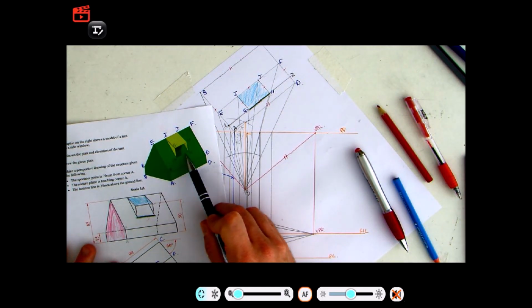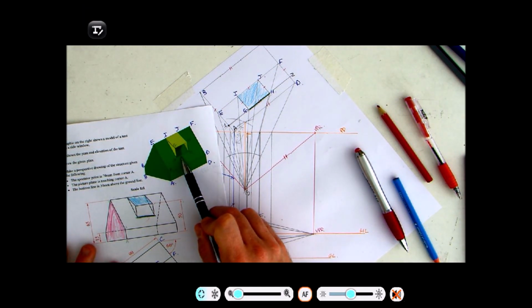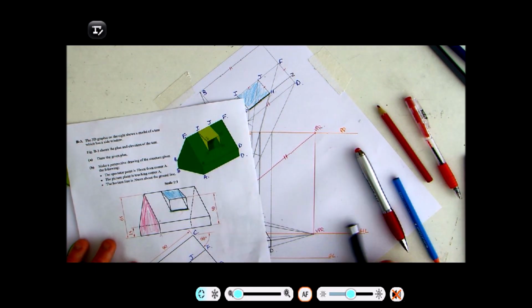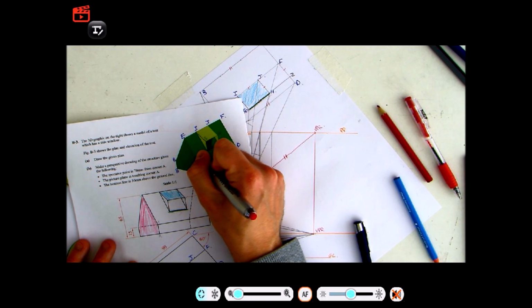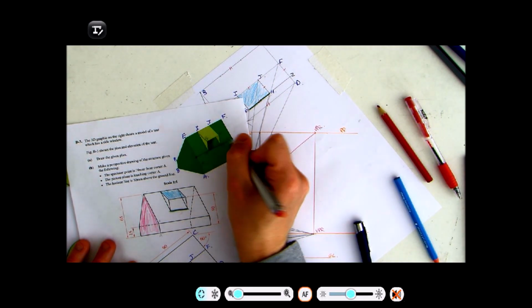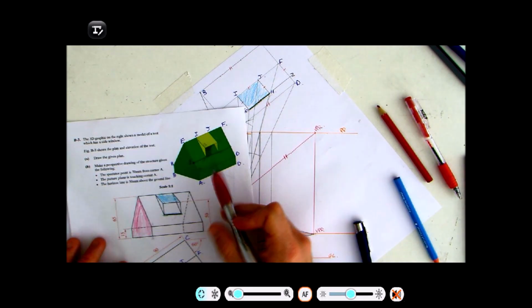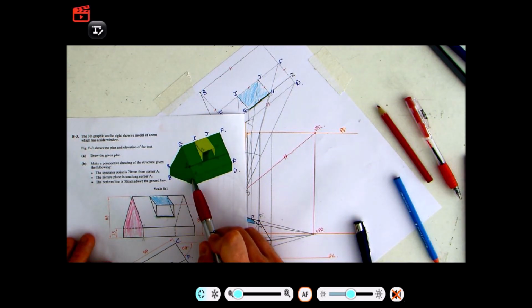If I continue that line on, so if I do this in pen here, if I continue that line on and hit AE here, that is point 1 on the line AE.